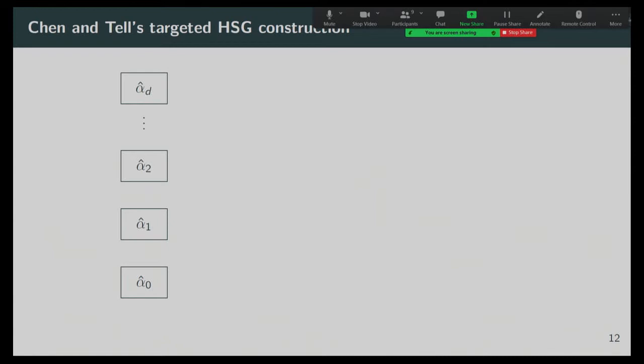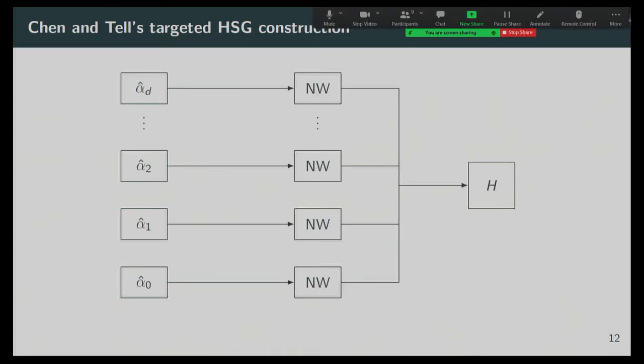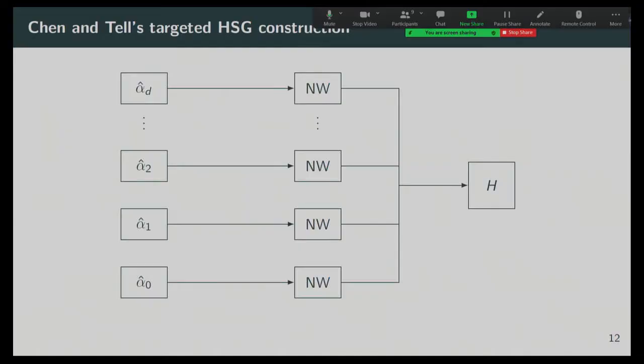Okay, so now we have all of these polynomials, and in the actual construction there are a couple of extra layers in between that guarantee the downward self-reducibility. Those are the sum check layers, but I'll mostly be ignoring them here just for simplicity. But they're actually there. Okay, so we have these polynomials, and their construction essentially applies the Nisan-Wigderson generator along with a Hadamard encoding to produce a hitting set H from all of these polynomials together.